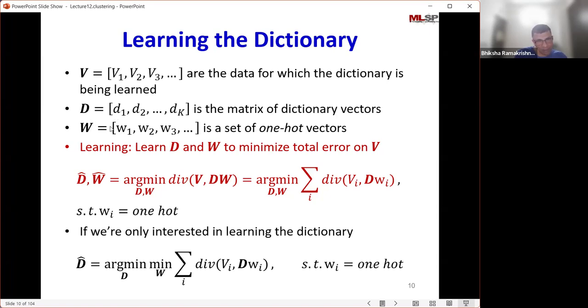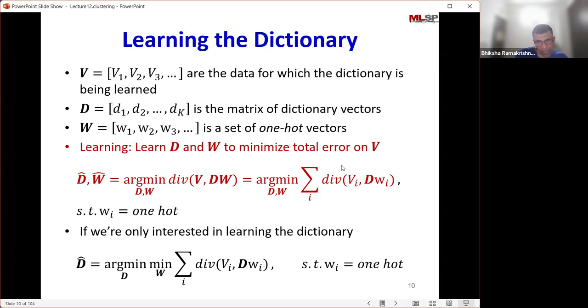And so I'm going to have a matrix of weight vectors where there is one weight vector corresponding to each one of my training data instances. And so now our problem for learning this dictionary is actually the task of learning both the dictionary D and the weight matrix W to minimize the error between V and DW, subject to the constraint that each one of these weight vectors is one hot.